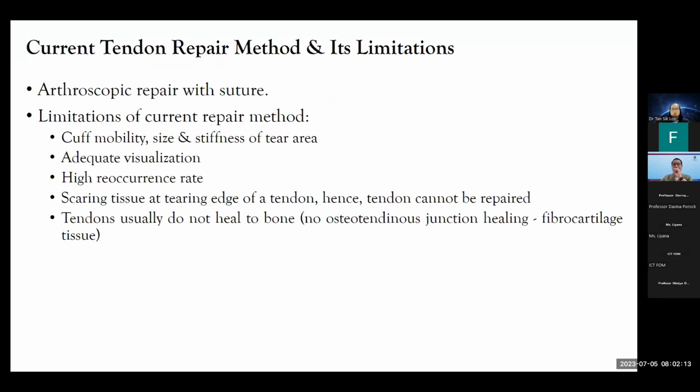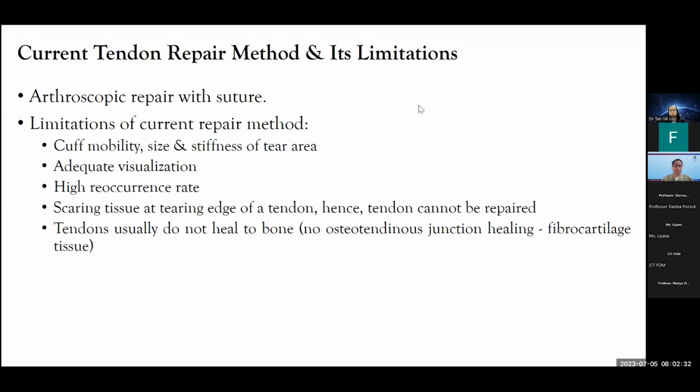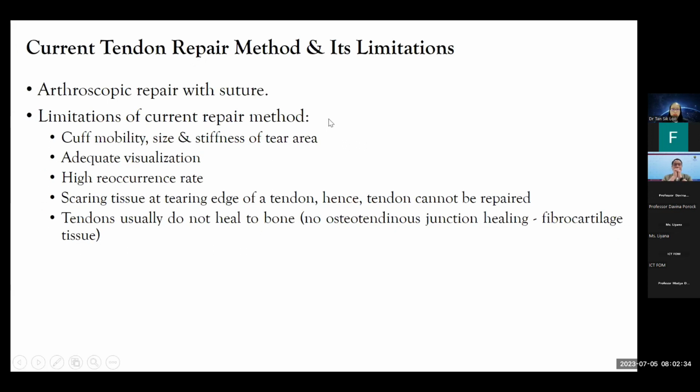The current tendon repair method is arthroscopic repair with suture, which has several limitations, including tendon mobility, the size and stiffness of the tear area, and the adequacy of visualization during the procedure.